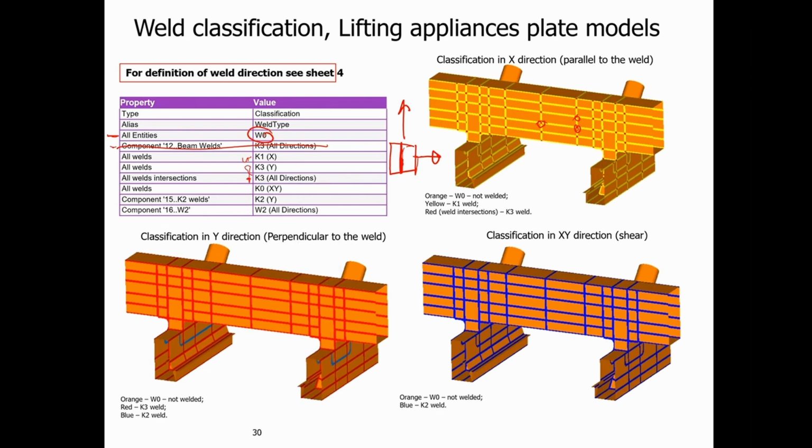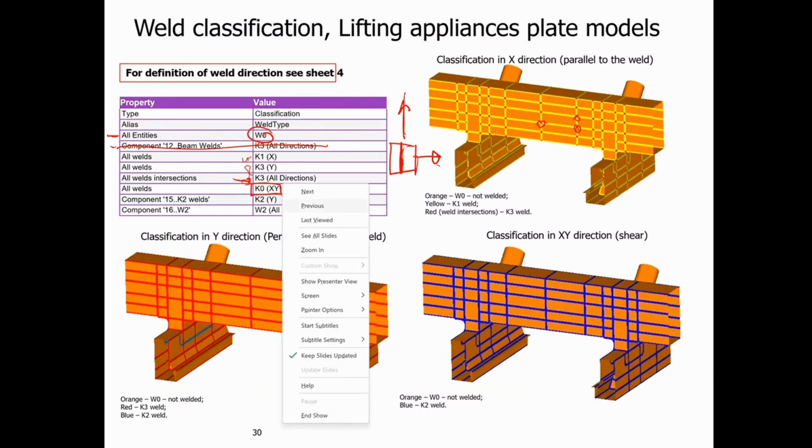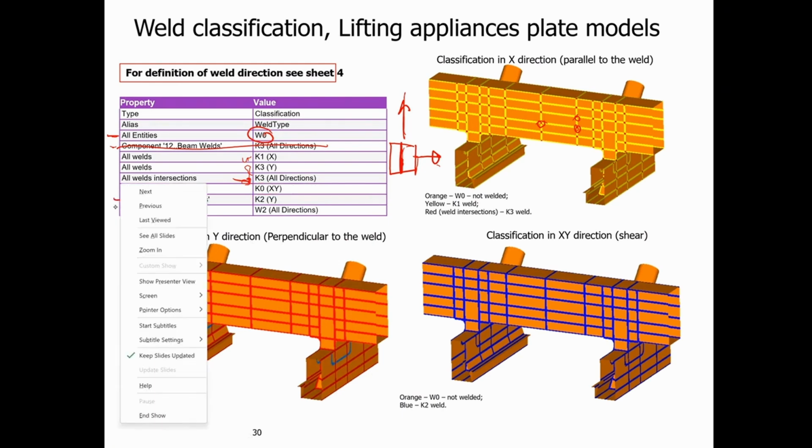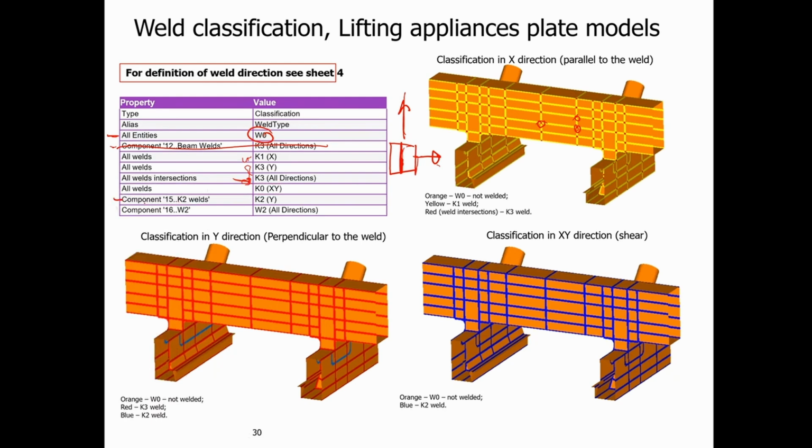So both stresses along the weld or perpendicular to it become a K3. For shear, they all have K0. And then in this case, certain welds here were of a better quality, so we generated a component where the stresses perpendicular to the weld are not a K3 but a K2.